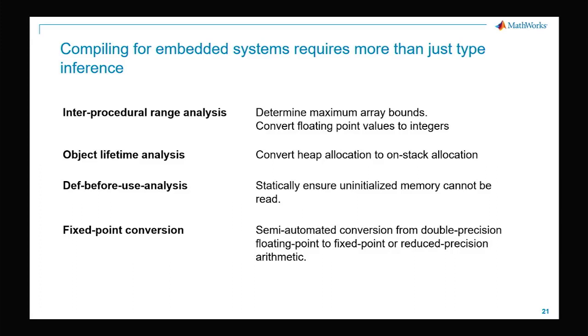Therefore, we have this upper bounds analysis to estimate statically how big every array is going to be and put it on the stack, instead of heap allocated vectors, right? Same for dynamically allocated objects in the heap, garbage collected objects. If you can build some sophisticated escape analysis, you can estimate the lifetimes, put them on the stack in a Coder function. Then you don't need garbage collection, right?